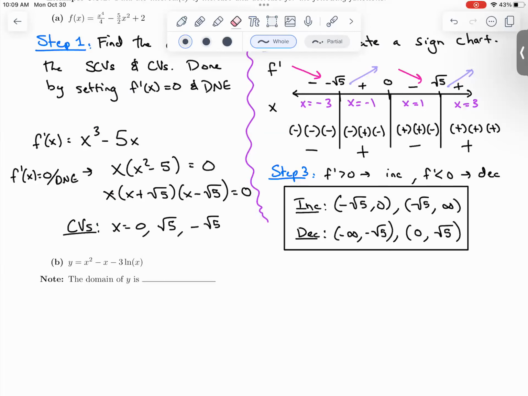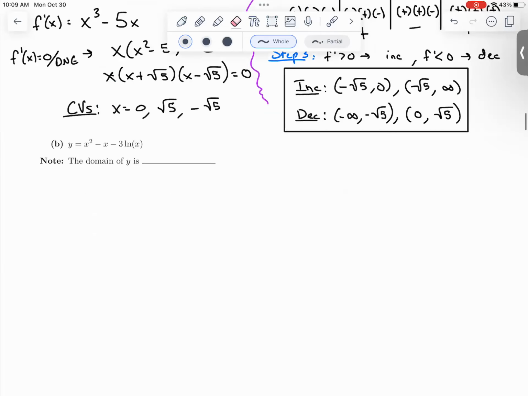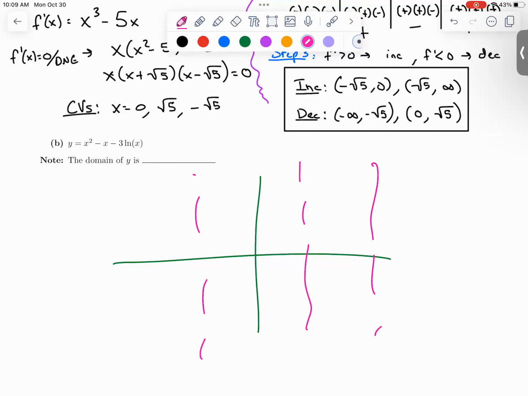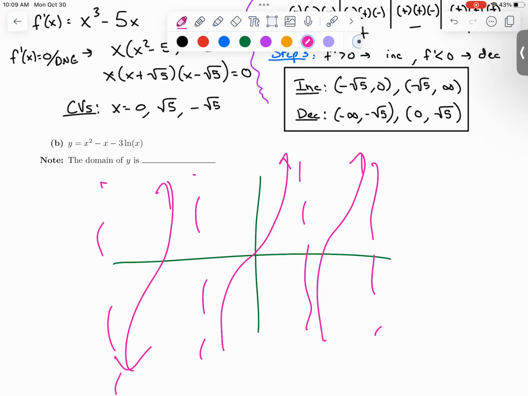For example, tangent. This is an example. Tangent, if you draw a tangent, you'll notice that, oh wait, no. Yeah. It goes like this. That's the graph of tangent. And on each interval, it's always increasing.